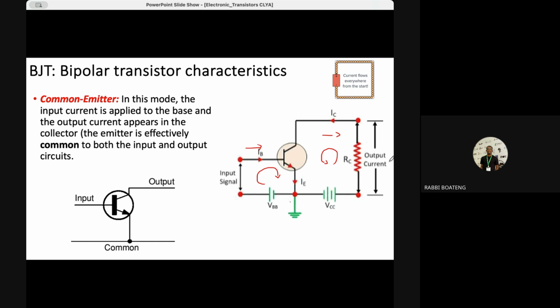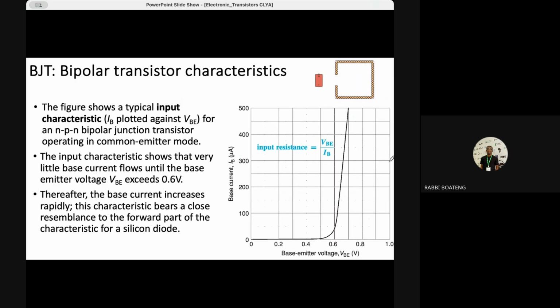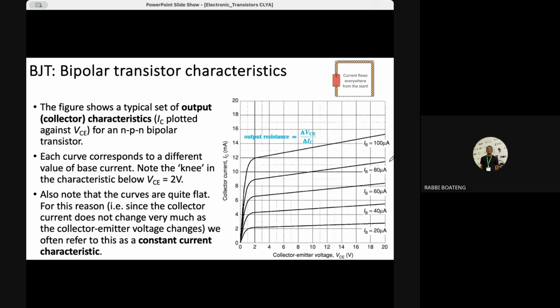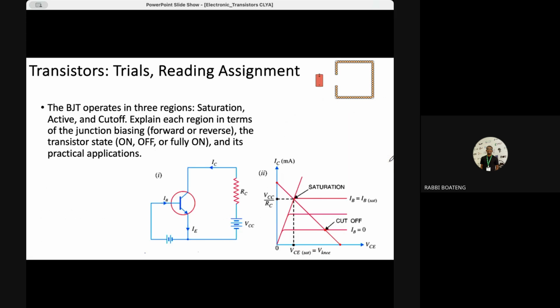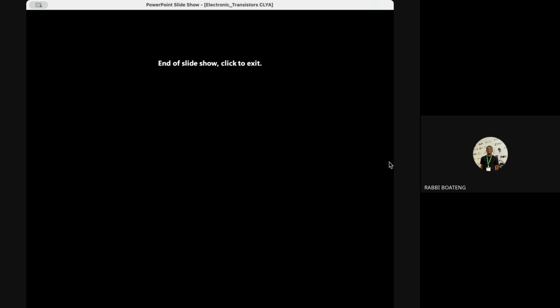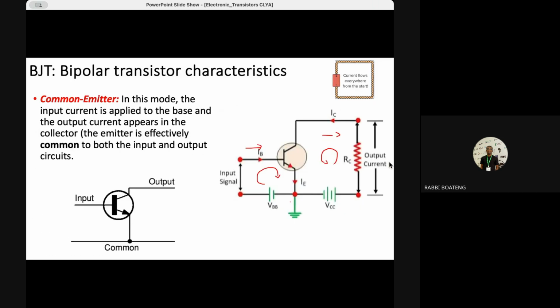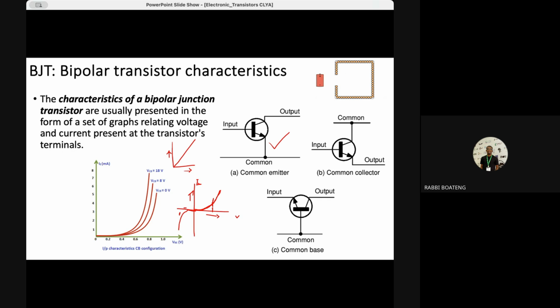If we are done, and then we don't understand, we can just put it on the platform and schedule a day. But at least let it be today. Tomorrow will be a little tight for me if there's an issue with it. So here it's left with only about 3 slides. I think 1, 2, 3, and this one, and that is all. Then a question for the class, and that is all. So just go through the slides. It's very self-explanatory when you read.